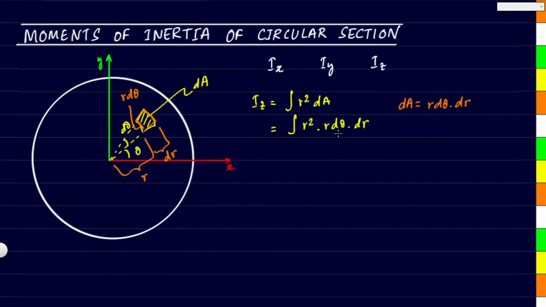Now since there are two elemental lengths here, we have to integrate two times, and of course we have to decide the limits accordingly. So let us divide them into two parts. The first we will take for r, so we get r cube dr, and the limits for r are from 0 to a maximum value, let us say capital R, that being the radius of the circle.